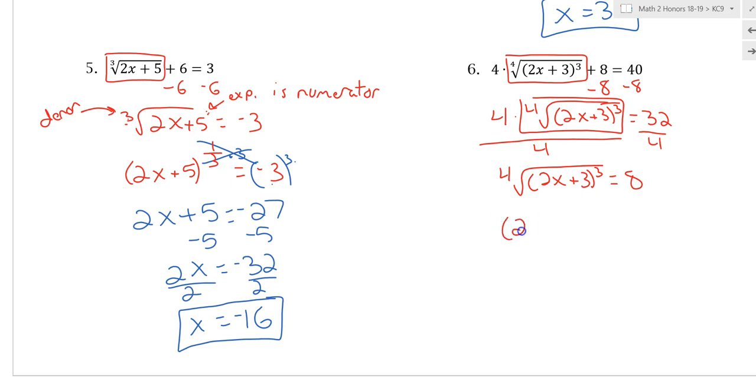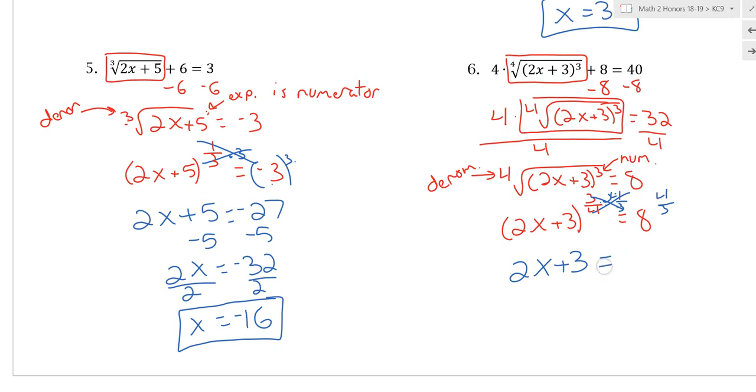So I have 2x plus 3 and numerator, denominator. To get rid of that power, I'm going to multiply by 4/3. So my exponents over here go away, so I'm left with 2x plus 3 equals 8 to the 4/3 is 16. Divide in your calculator, trust me.